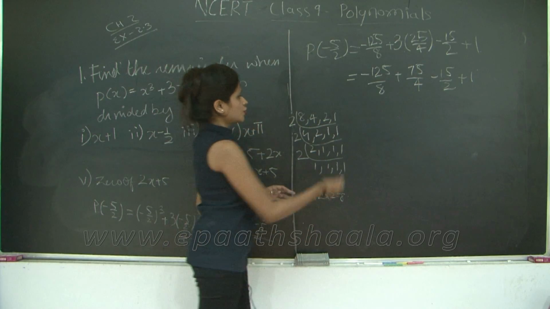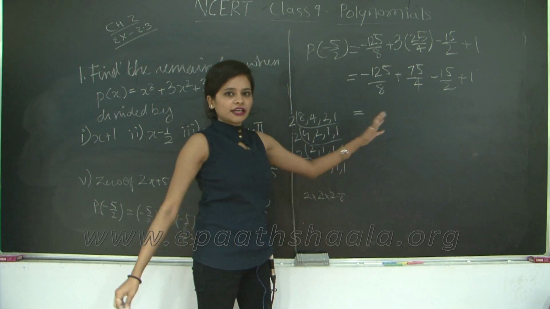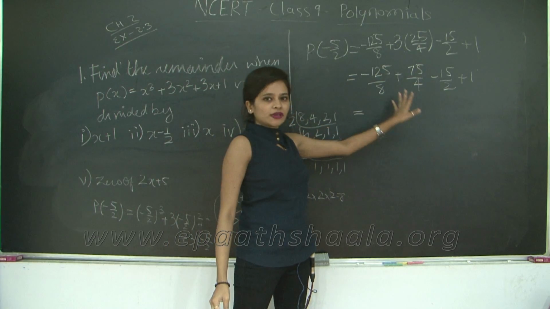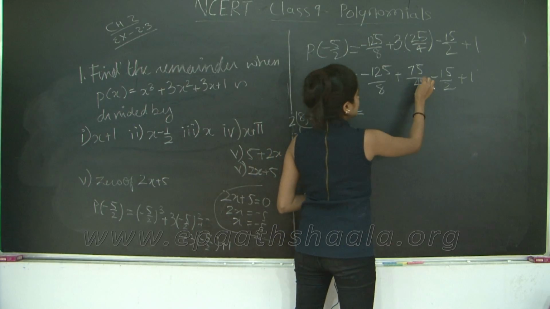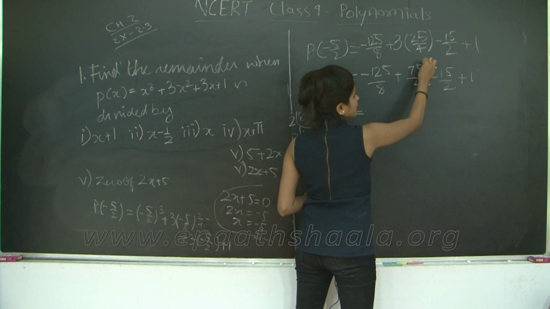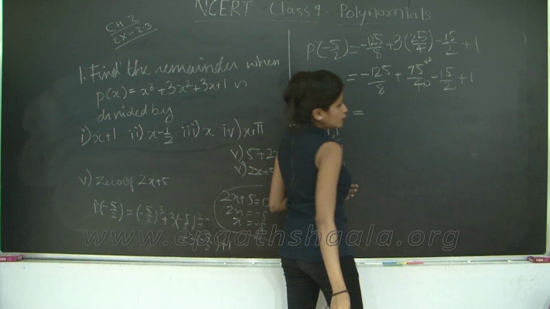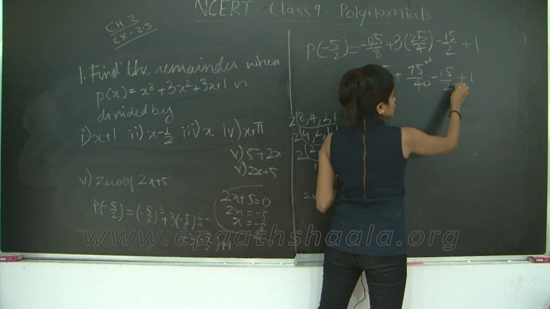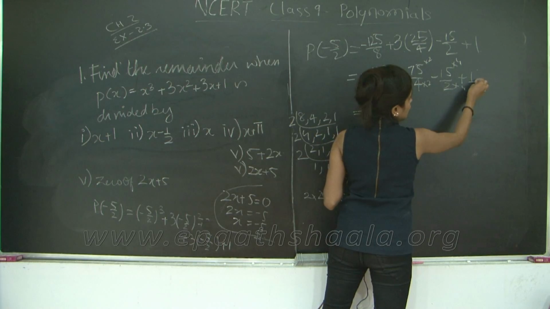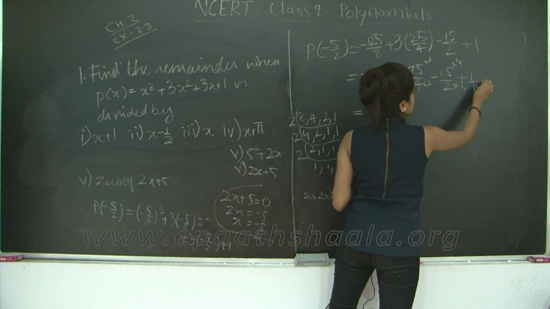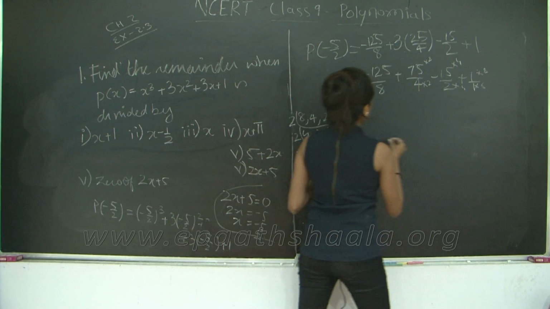Right? So now I am going to make the denominator common so that we can add up the numerators. So 8 into 1 is going to give me 8, 4 into 2 is going to give me 8, so I am going to multiply the numerator with 2 also. 2 into 4 is going to give me 8, so 15 into 4. Now 1 is nothing but 1 upon 1, right? So 1 into 8 and 1 into 8, correct?